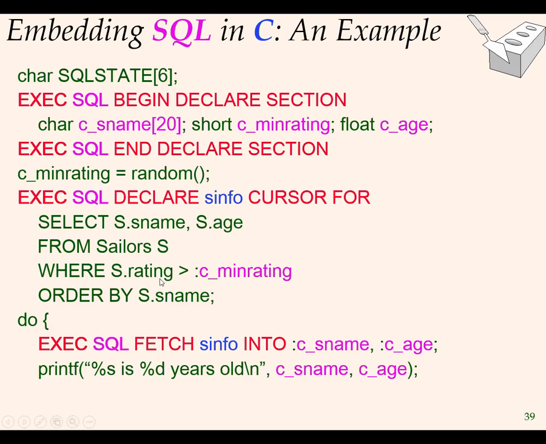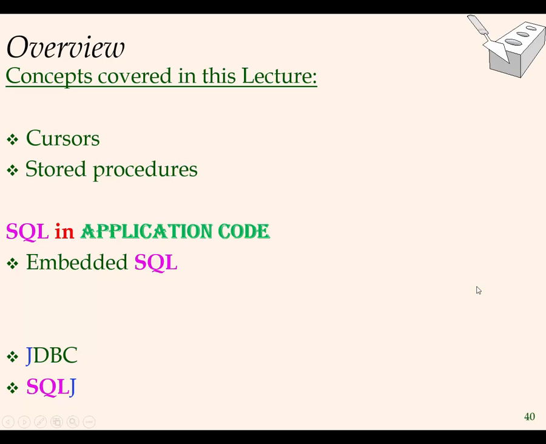The second one is a float. I'm using %d. And again, this is the formatting string, and these are in the host language. These are my variables, and this will actually print. And you are going to loop through this while SQLSTATE is not 02000, which is actually not found. So this is an example of embedding SQL in C.